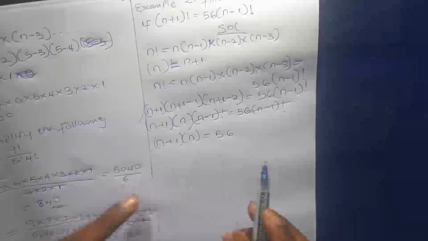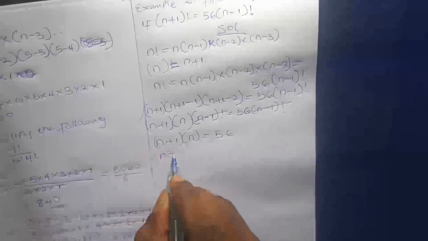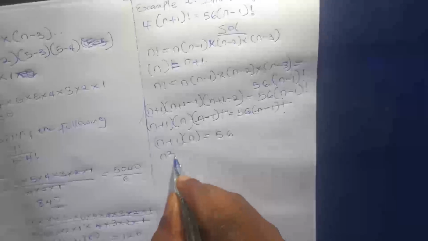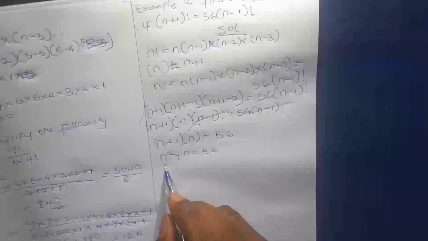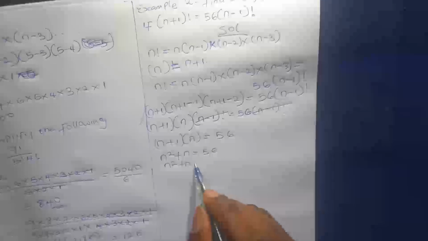So now coming to this side, we just have to expand: n multiplied by n squared, plus n multiplied by 1, equals 56. Now n squared plus n, this 56 will come here, minus 56 equals 0.